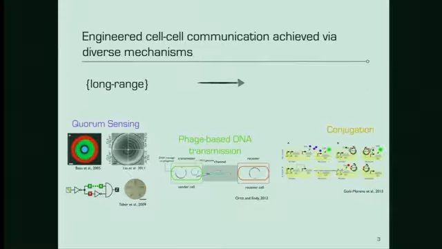So the nice thing is we now have this balanced suite of cell-cell communication mechanisms for sending both chemical and DNA-based messages over a range of length scales, from quorum sensing, which can send chemical messages at somewhat longer range scales, to conjugation, which actually requires physical contact for transmission to occur.